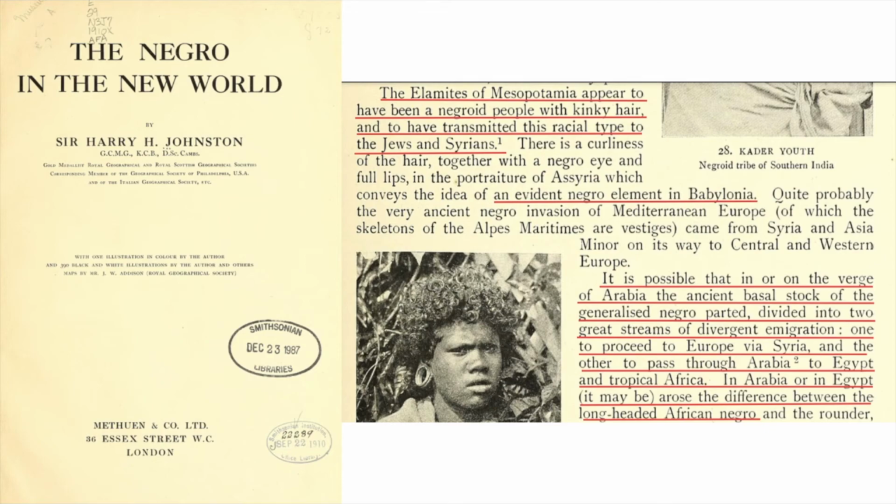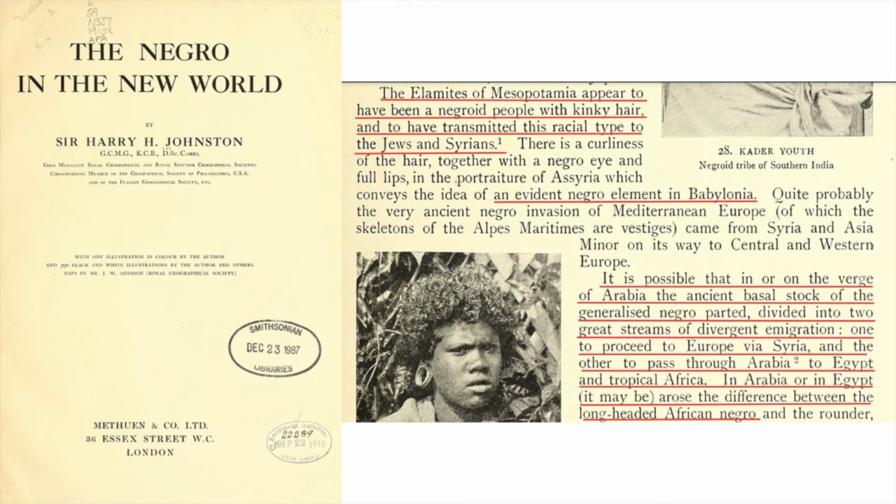It is possible that on the verge of Arabia, the ancient basal stock of the generalized Negro parted, divided into two streams of divergent immigrations, one to proceed to Europe via Syria and the other to pass through Arabia to Egypt and tropical Africa.